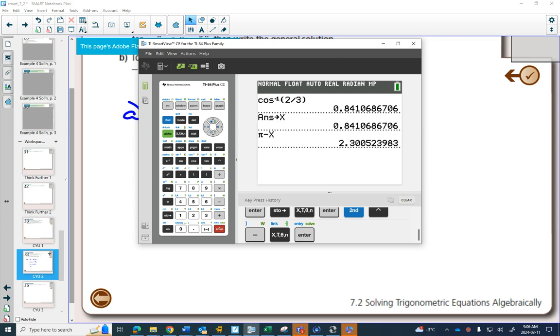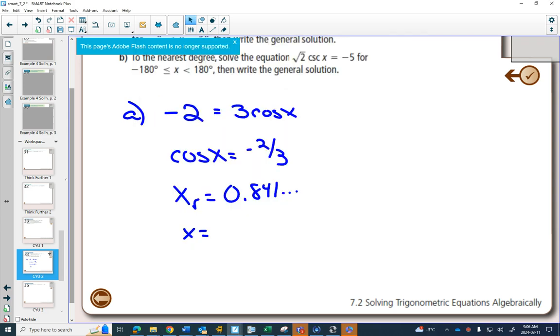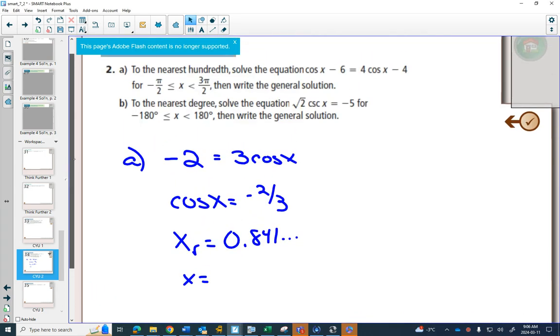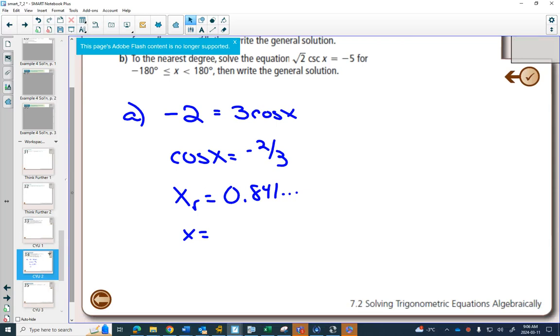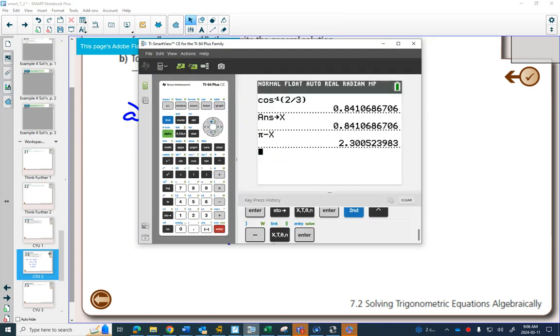So I get 2.3, and we'll check what does it want us to round to, the nearest hundredth. So that would be 2.30. And in quadrant 3, it would be pi plus my reference angle, 3.98.